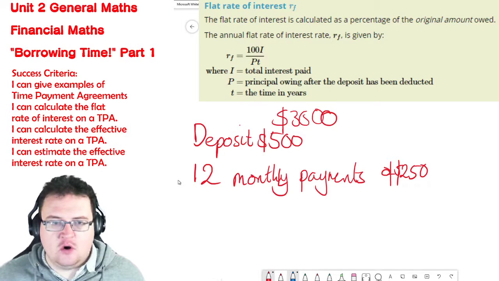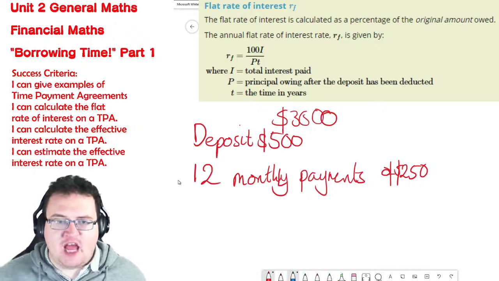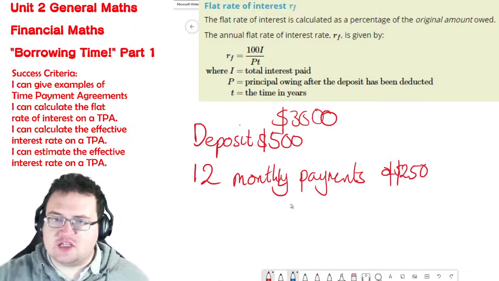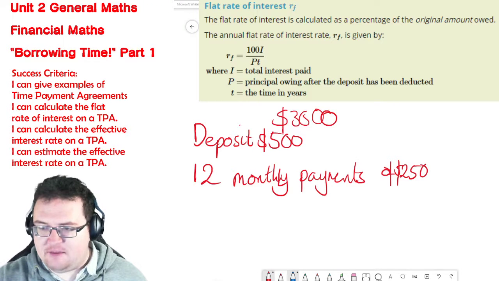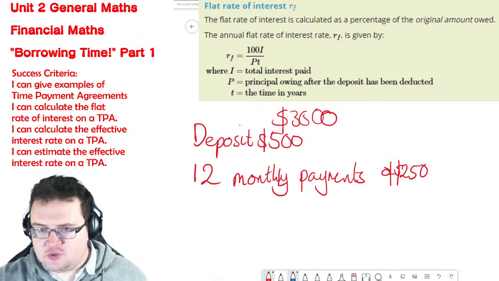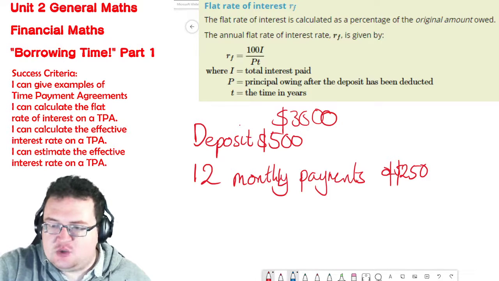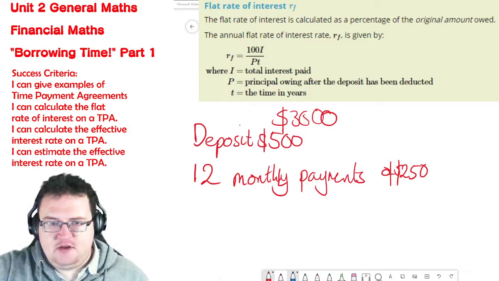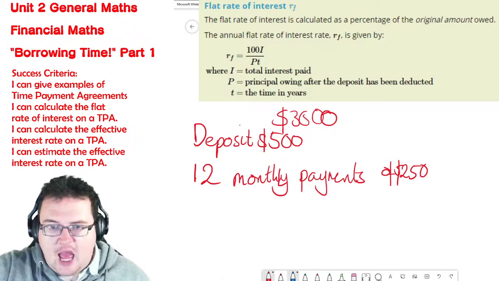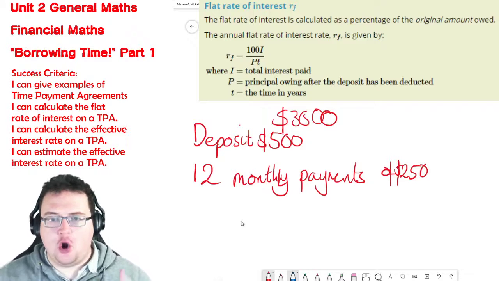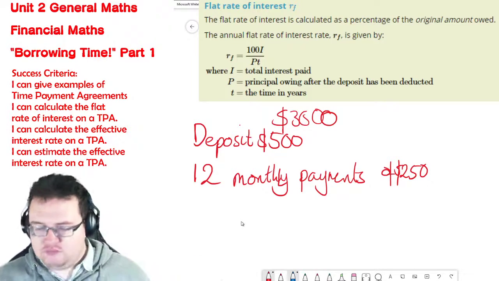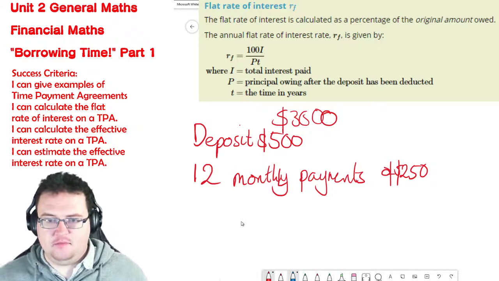By the end of it all, how much money have I actually paid? What is the rate of interest that I have been giving that money at? We don't know the interest rate, but we know how much interest we will pay. So if I go through with this deal, how much money am I actually handing over to this company to get this computer on credit?